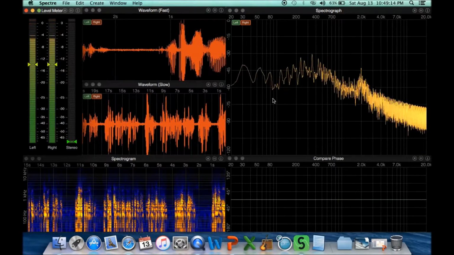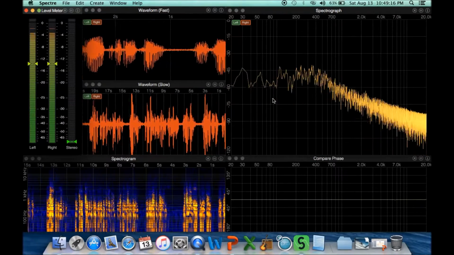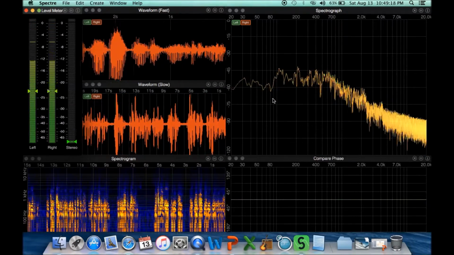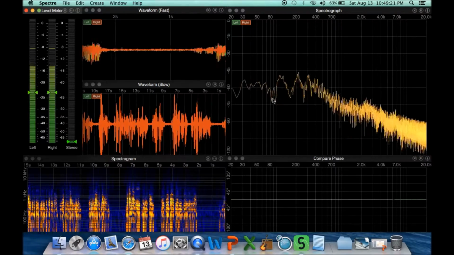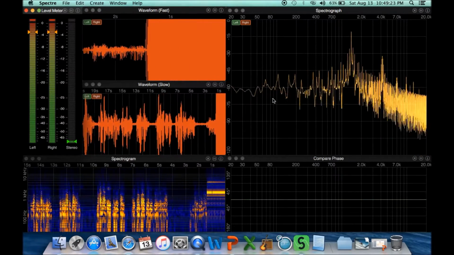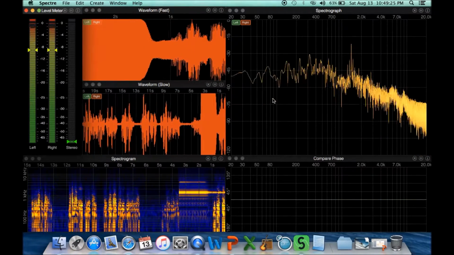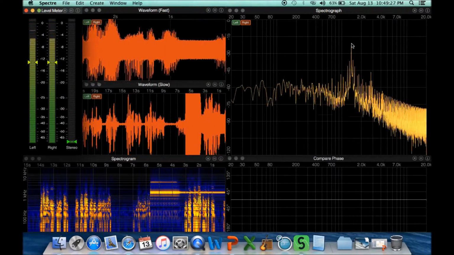Now if I have a particular tone that is well above the ambient noise of everything else, I can generate one right now. You can see that stands out on the FFT as a spike.